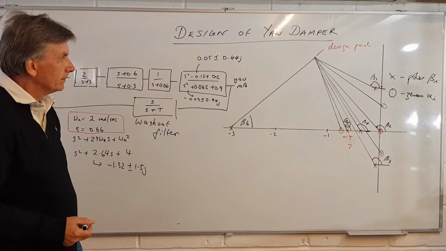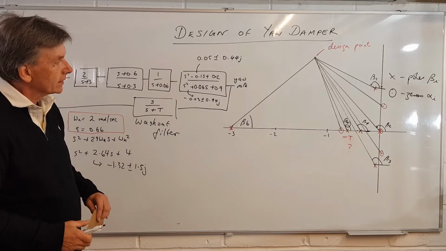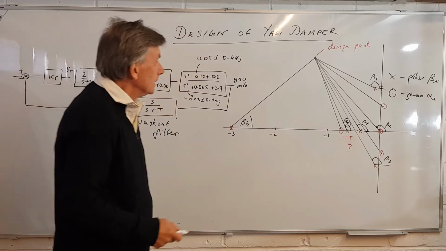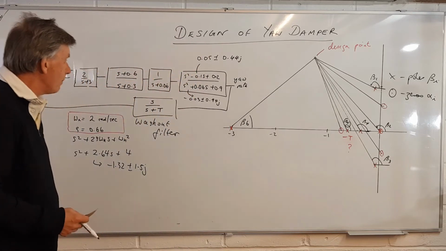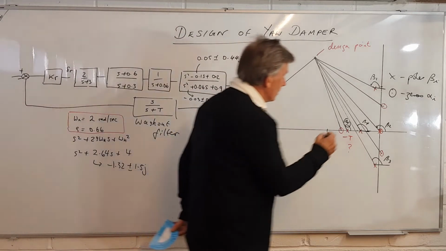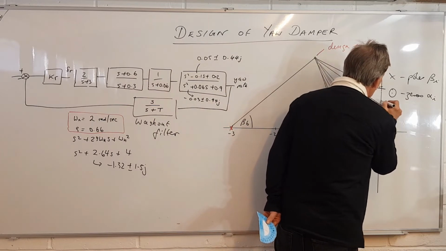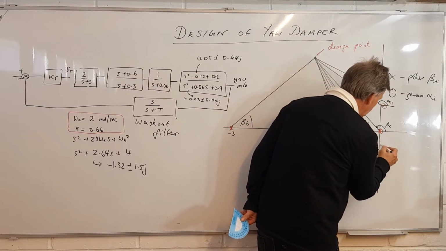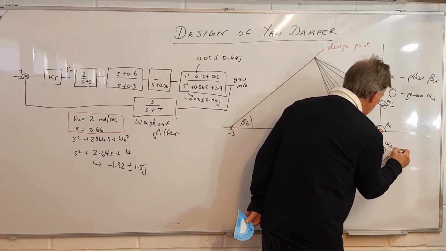We can now, I've missed a 0, have I? No, I've not missed a 0 now. Right, so then we can then measure the angles of the zeros. So draw that line in there, so that we can call that one alpha 1. This one here would be alpha 2.